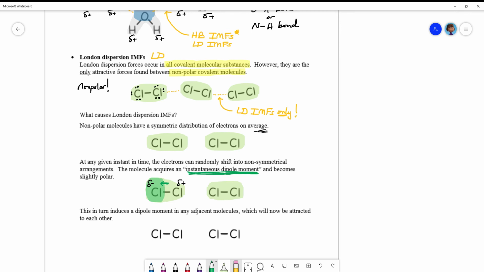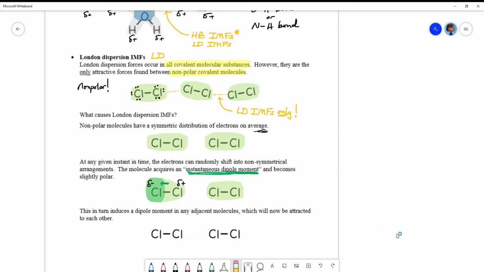Now, our second chlorine molecule is going to react to our first chlorine molecule. Because the chlorine atom that is closest to molecule number 2 is now slightly positive, the electrons in this cloud are going to be attracted to that slight positive charge, which is going to cause these electrons in the cloud over here to want to move to the left, because they want to be nearer to that positive charge.